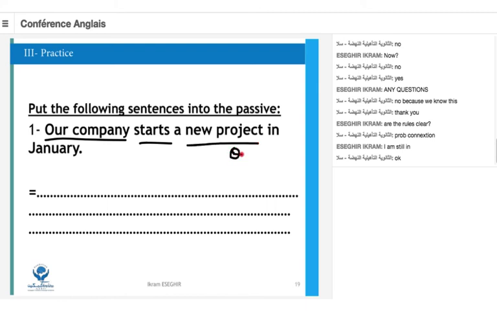Okay? So, this is the object. This is the verb in the simple present. And this is the subject. Okay?